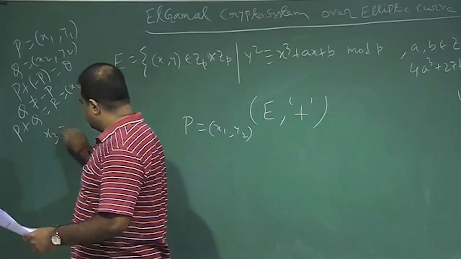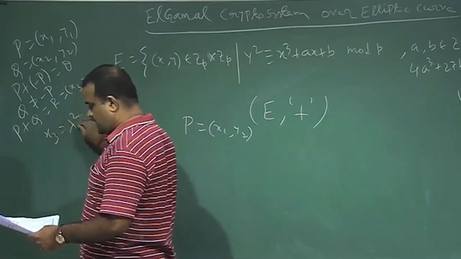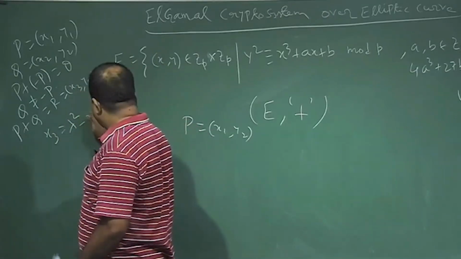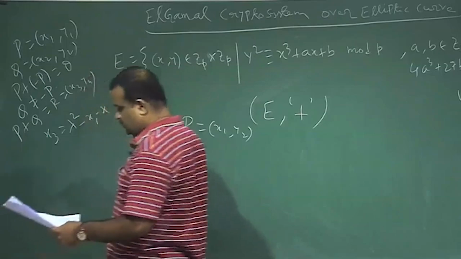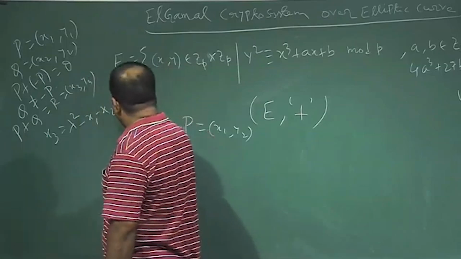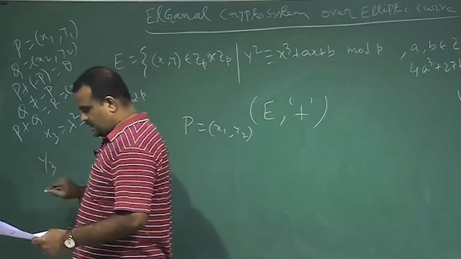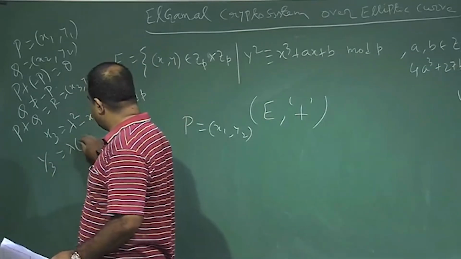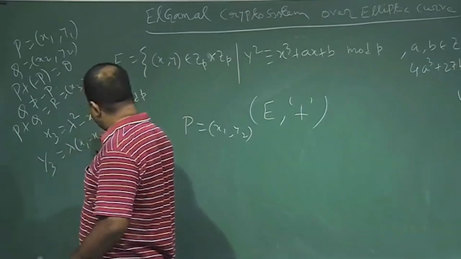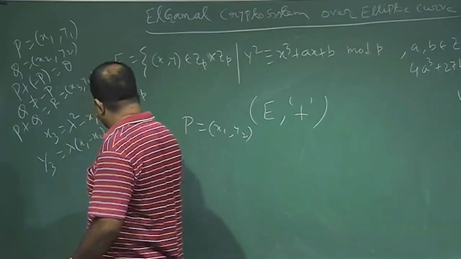So x3 is basically lambda square minus x1 minus x2 mod p, and y3 is basically lambda into x1 minus x3 minus y1.